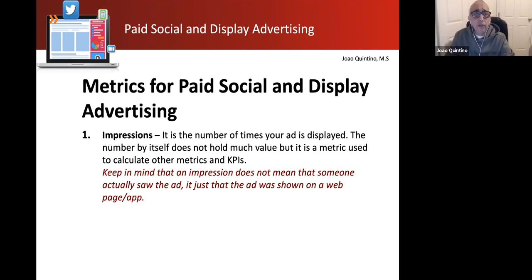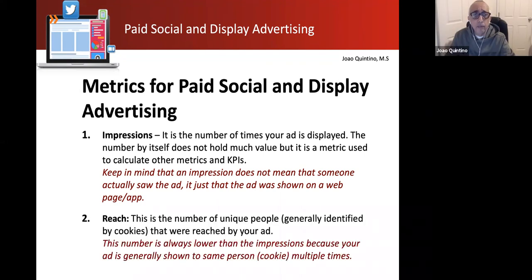So impressions is every time your ad shows up. Reach is people that you reached. Imagine that I open my browser and your ad shows up there.